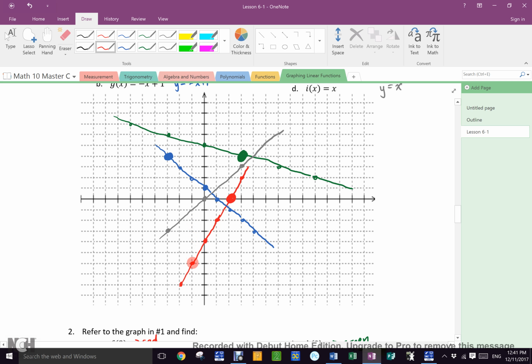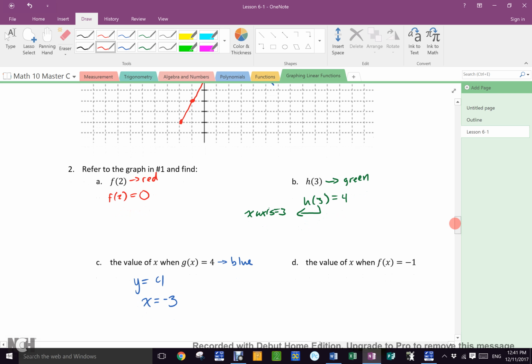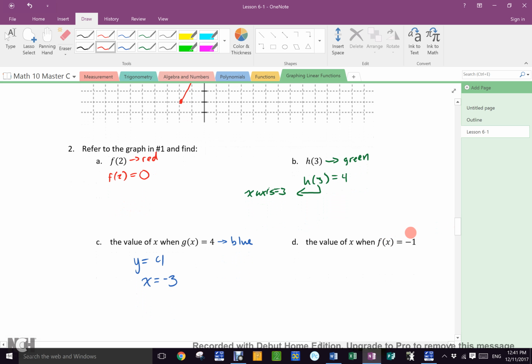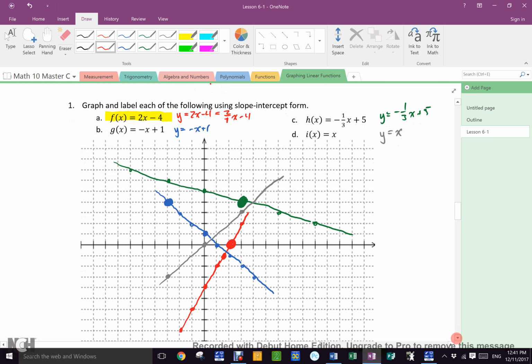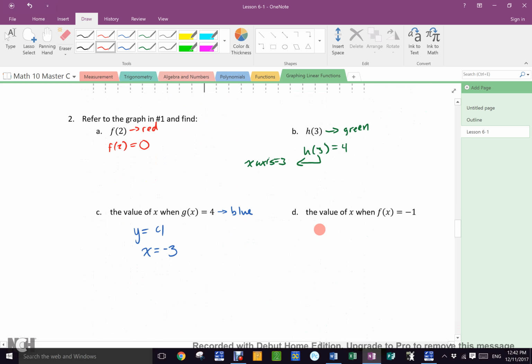Did I read that wrong? Oh, I did. I'm sorry. -1 is my y value. I'm such an idiot. -1 is my y value, so now I need to come over to here. What is that point? Halfway between 1 and 2. What is it? Positive 1.5. Thank you, Sam. Is everybody good?